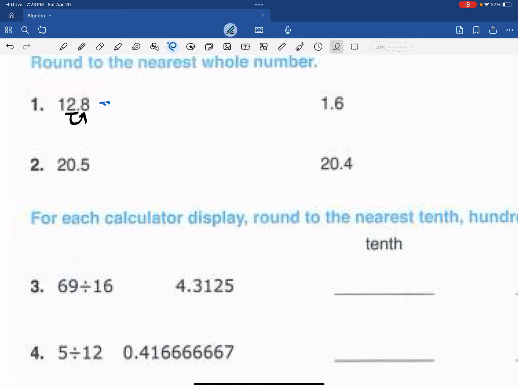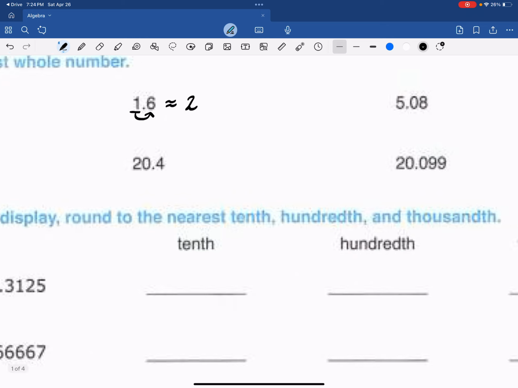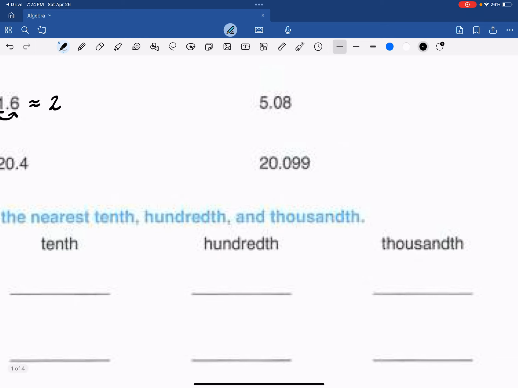So it is approximately, or it is closer to 13 than to 12. In this one, we're rounding to the whole number, so you look at the neighbor, and the neighbor says to round up. Here, we're looking at the whole number. We look at the neighbor. The 0 says to stay the same. So this one is closer to 5.